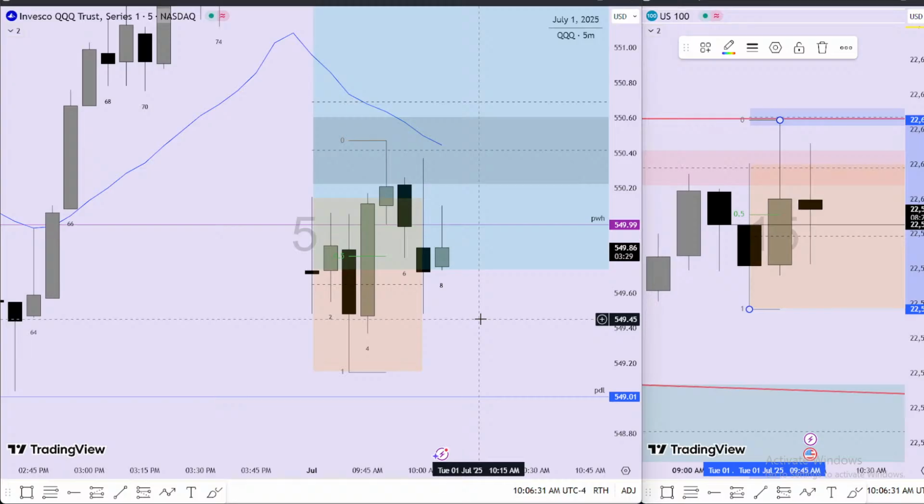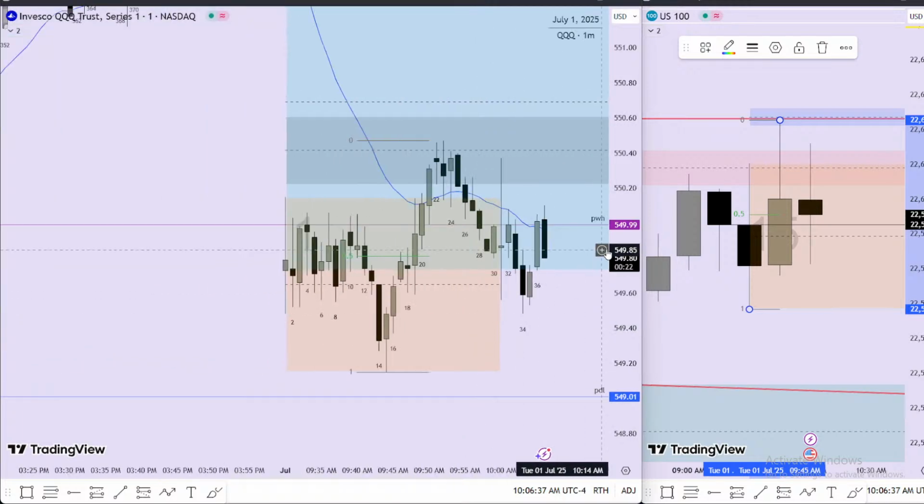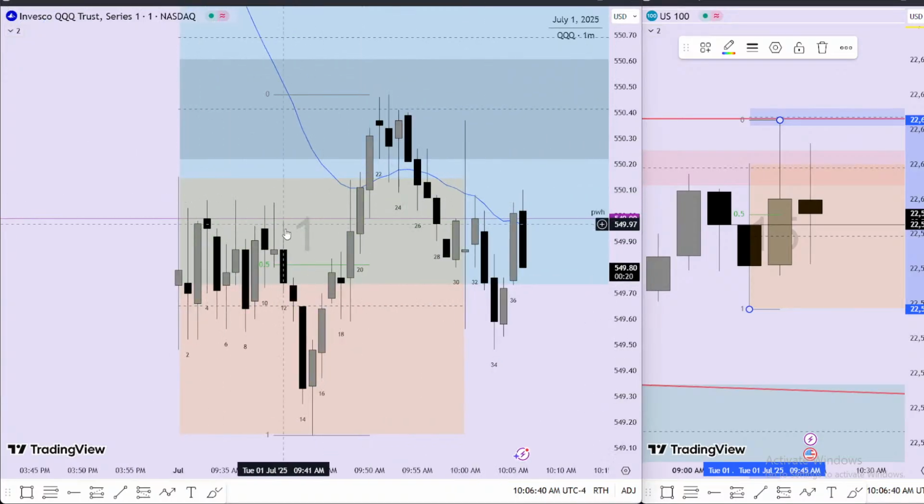We have tried repeatedly to move above the previous week's high today, failing to stay above the previous week's high.